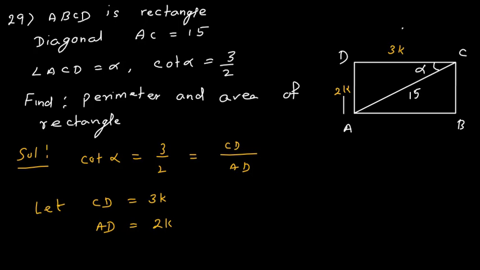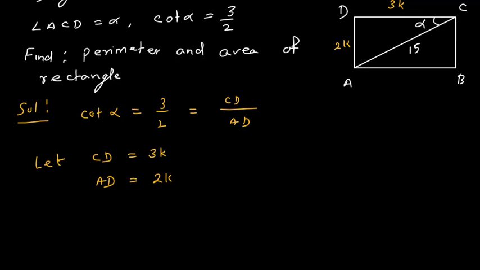So we will apply Pythagoras theorem in triangle ADC. In triangle ADC, angle D is 90 degrees. Therefore AD square plus CD square equals AC square.